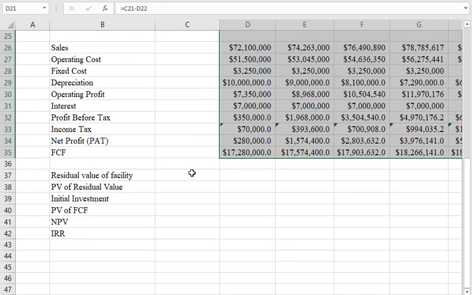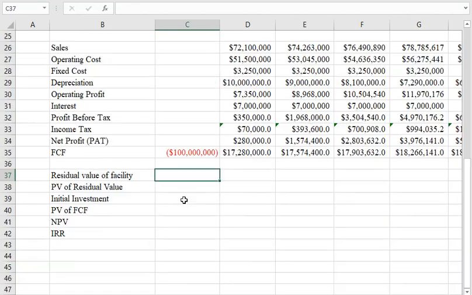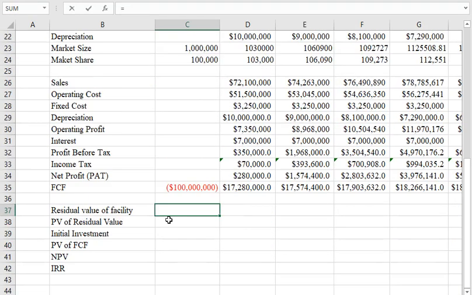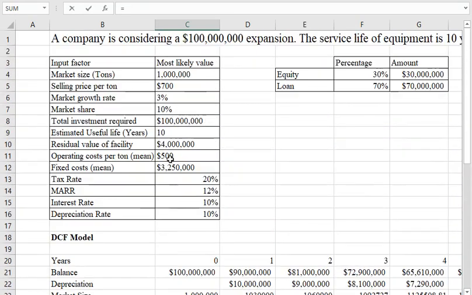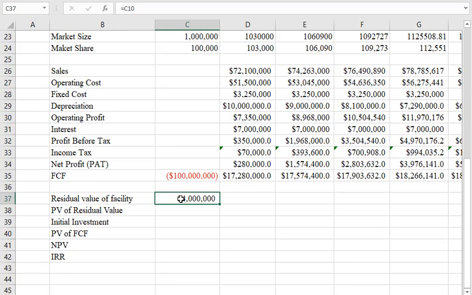Now let's write here the initial investment. The residual value of the facility is given here, that is $4 million, and since this is the value of the facility at the end of the 10th year, we must calculate its present value. This can be calculated by using the PV formula.